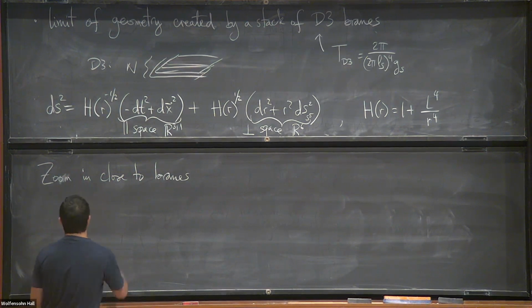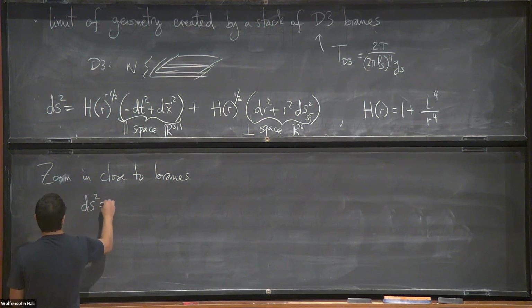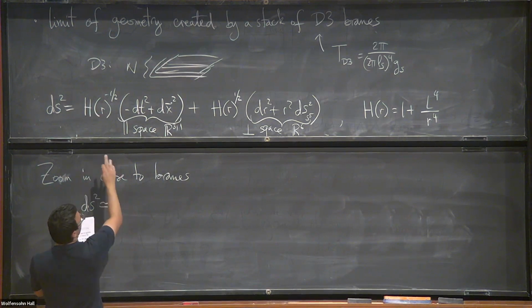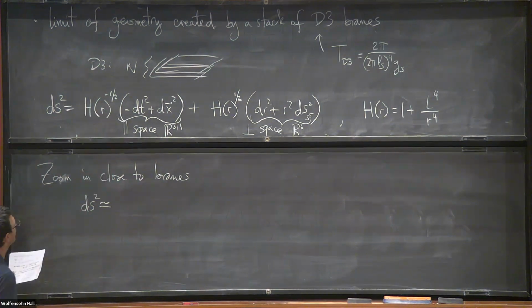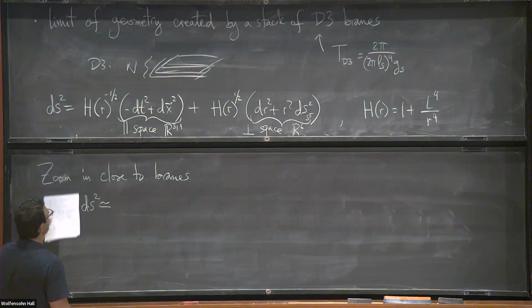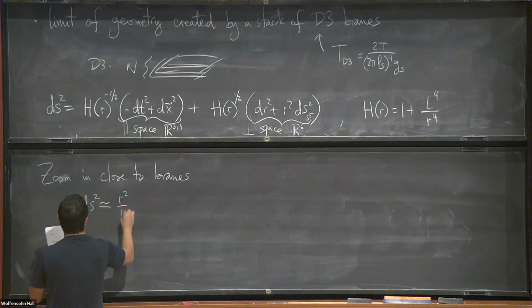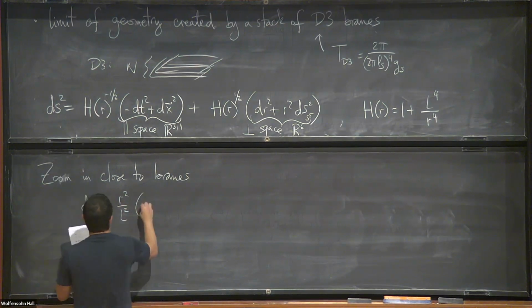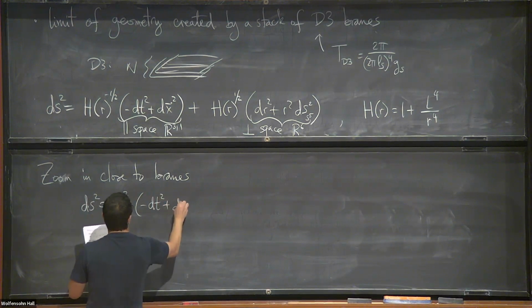the metric is approximately, so h becomes L^4 over R^4. So h to the minus a half is R squared over L squared times (minus dt squared plus dx squared).